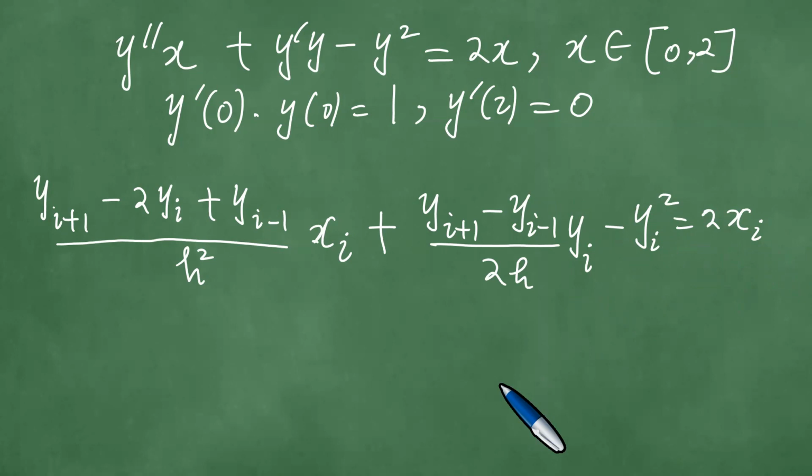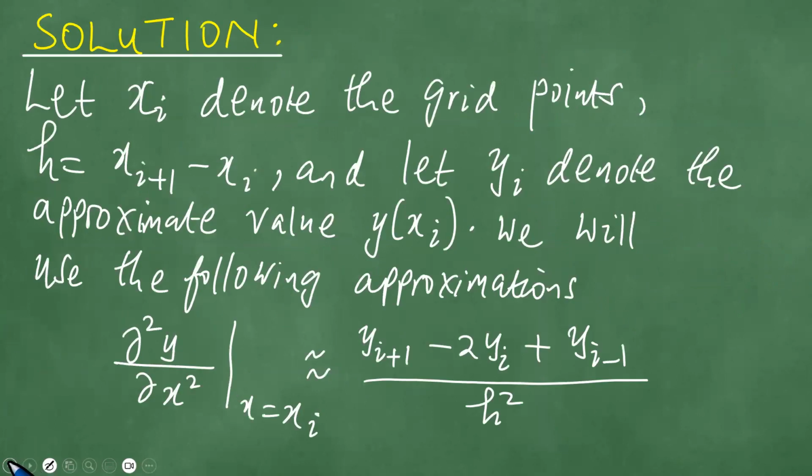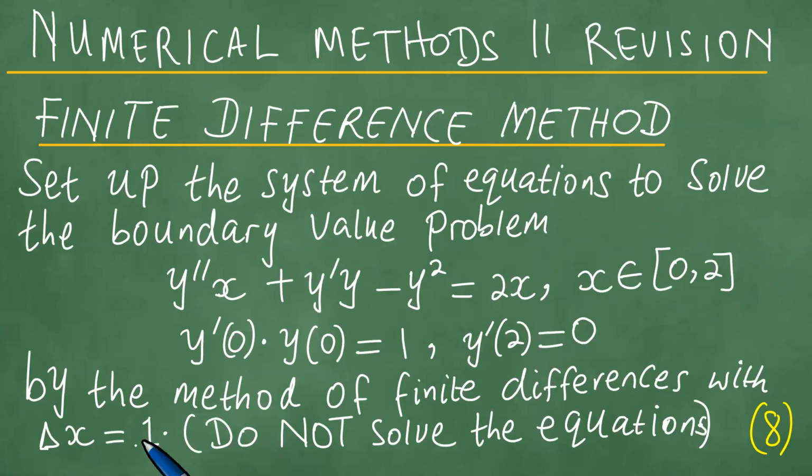Now, once we write this, we need to remember something that has been given in this question. The examiner gave us that delta x is 1. So h is 1 here.